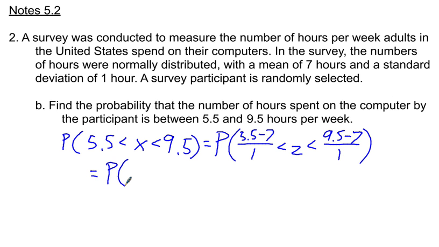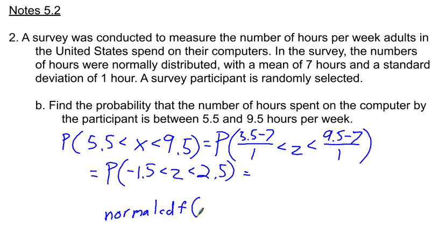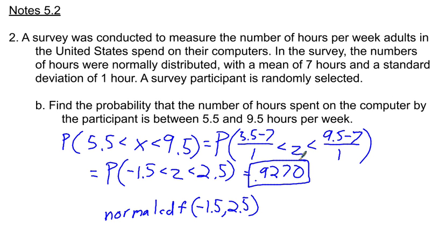Our z-scores for this problem end up being negative 1.5 and 2.5. Using the calculator, we can enter normalcdf(-1.5, 2.5). This comes out to be 0.9270. So it's very likely that a randomly selected person would use the computer between 5.5 and 9.5 hours per week.